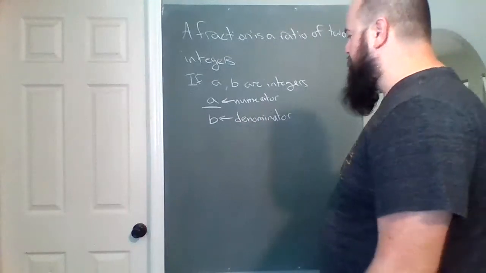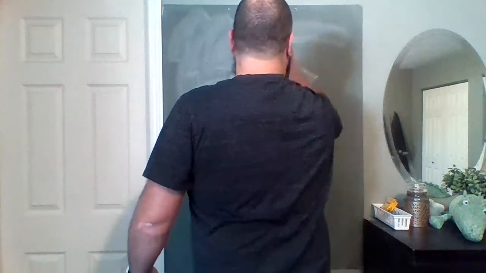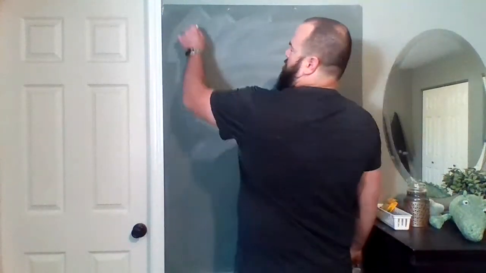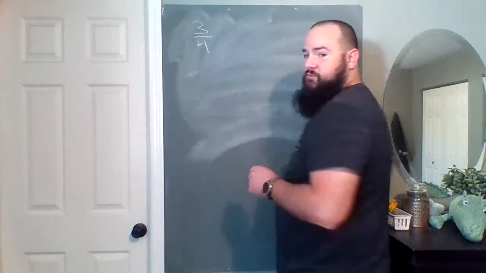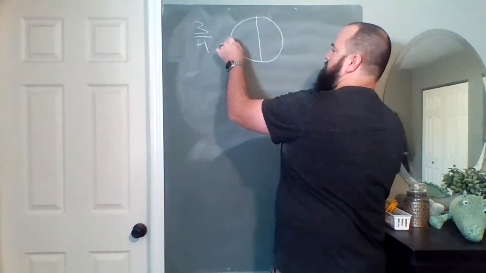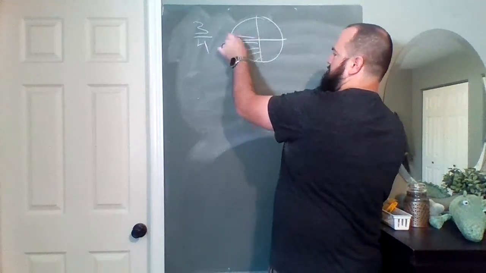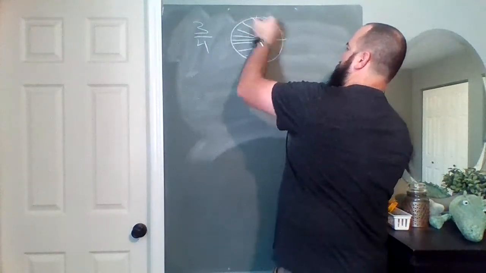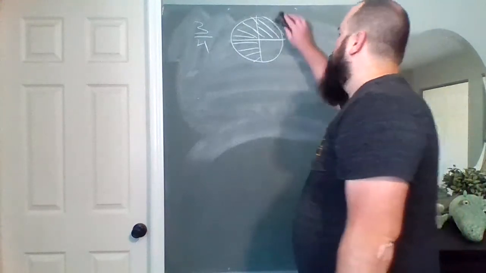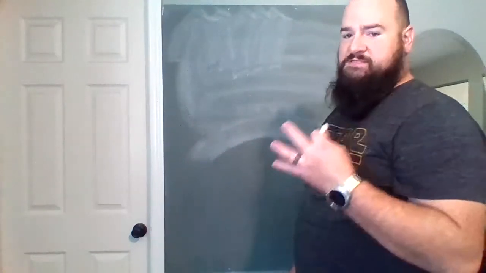So if we look at a fraction like 3/4, that tells me that the whole thing is broken into 4 pieces, and I have 3 of those pieces, right? Really easy, okay?